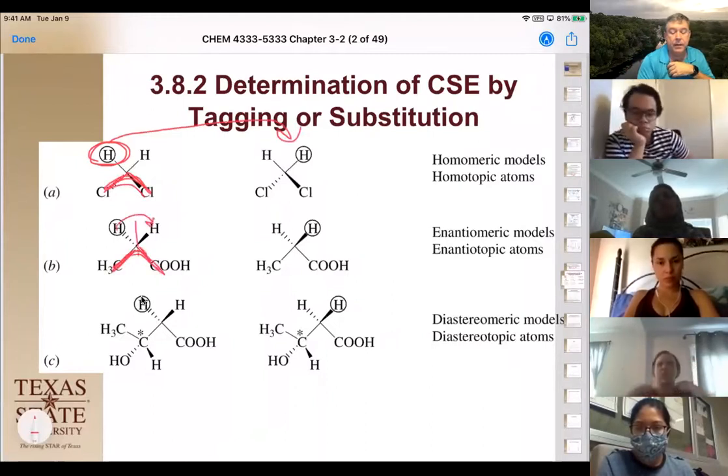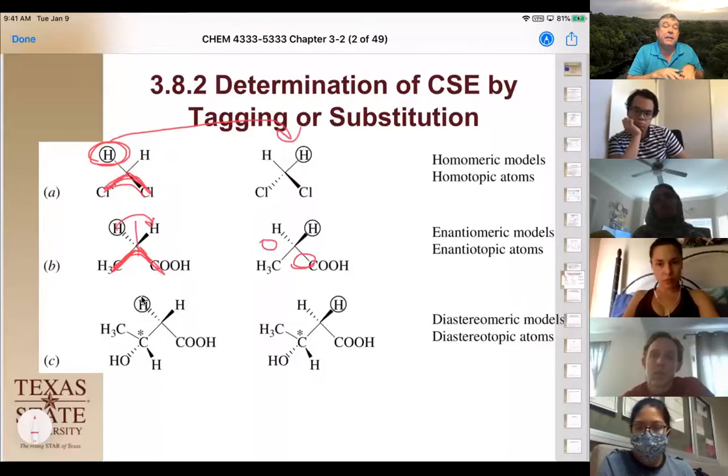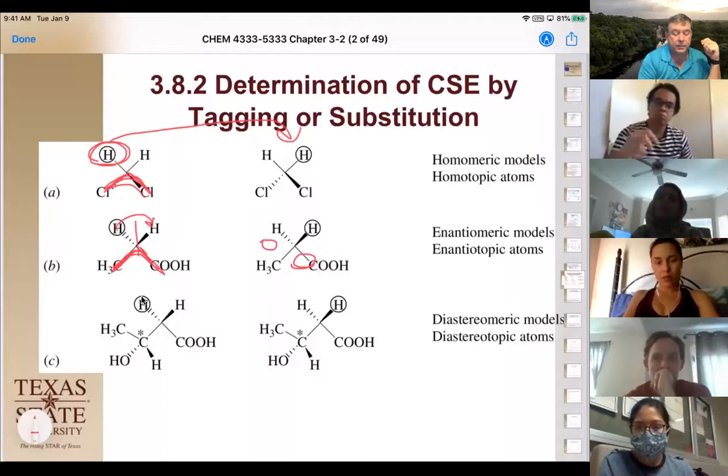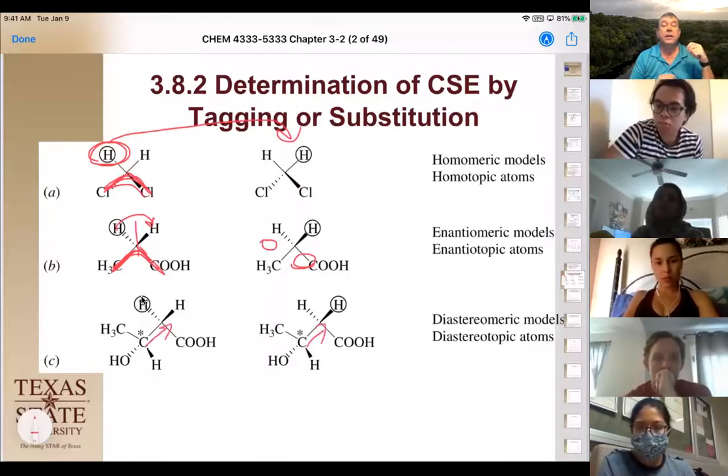Now, in this one right here, we think we have a plane here, this one the same as that one. However, now we have a difference in electronics here and here, and these actually become enantiotopic, or the enantiomers, the stereo-centered ones. But that doesn't mean they aren't going to be at the same location. And then the last one is when we're one carbon off of a chiral center. Now that's where you would tend to find a diastereomer, when you have two chiral centers in the same molecule.